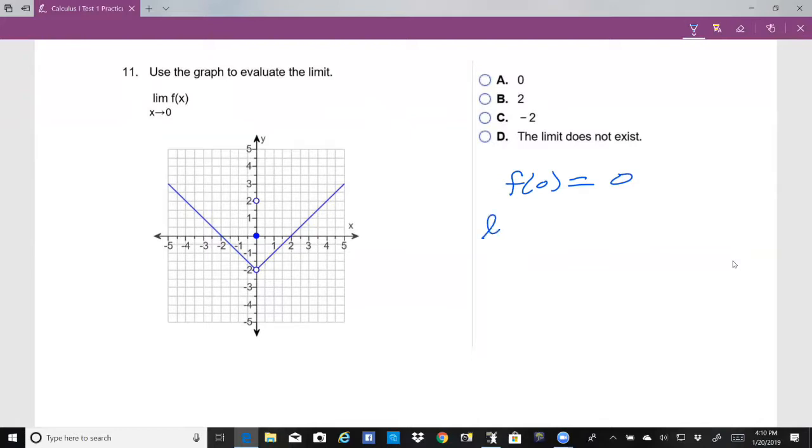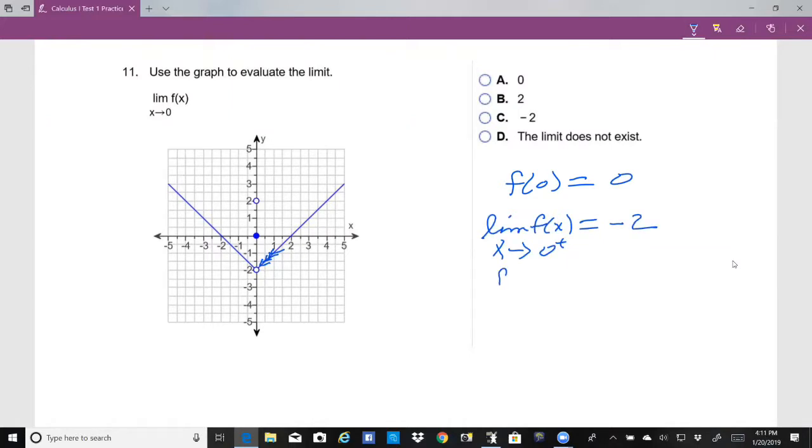However, the limit of f of x as x approaches 0 from the right, look at the graph as you come down, zoom in on the graph towards x equal 0, and you'll see that y is getting closer and closer to minus 2.